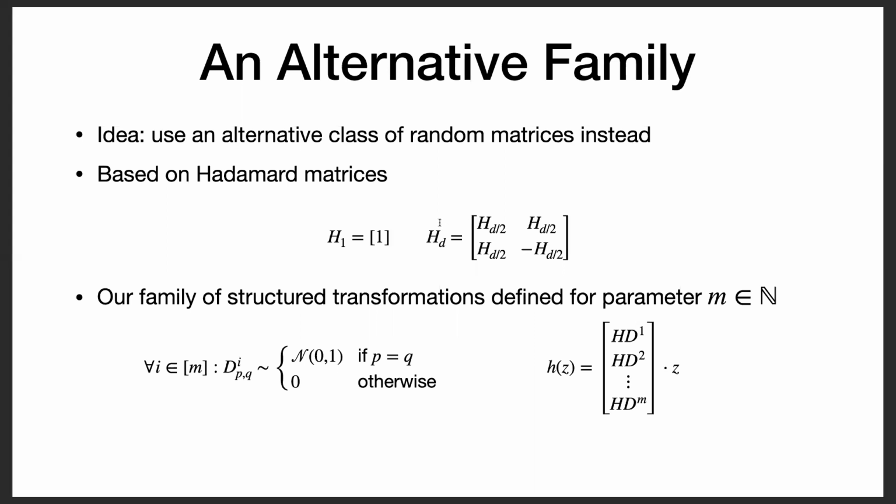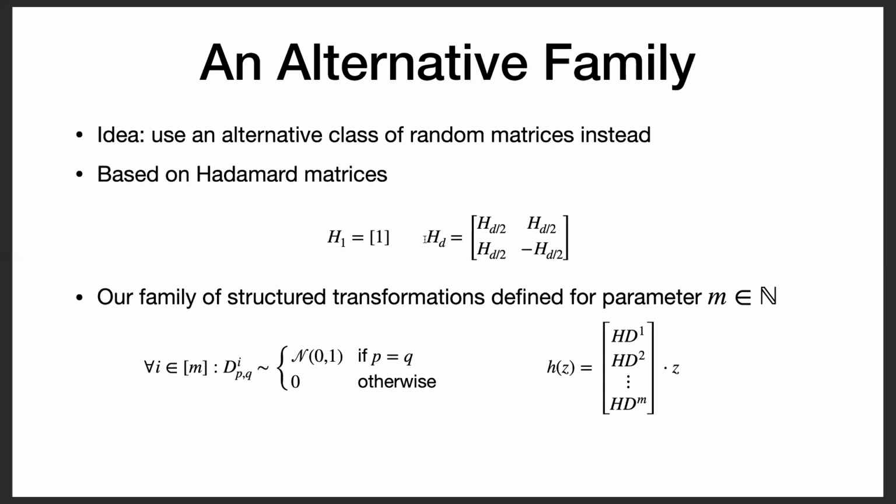Then the Hadamard matrix of dimension d is defined recursively in terms of the Hadamard matrix of dimension d over 2, in this block way. In this 2-by-2 block matrix, 3 of the entries are H_{d/2}, and the last entry is simply minus H_{d/2}.